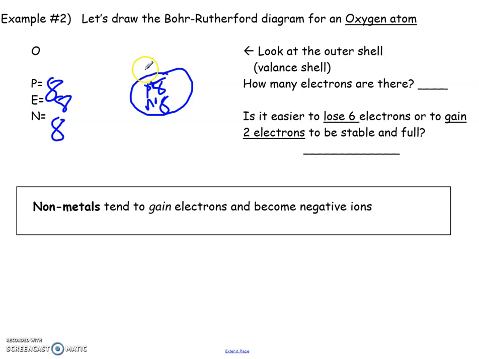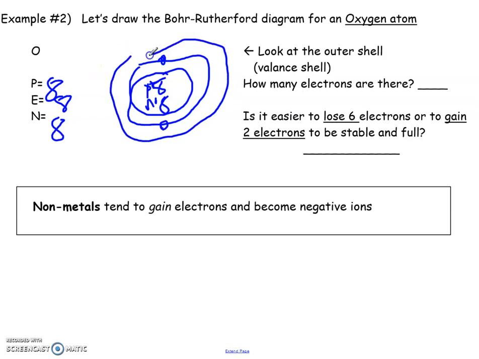We're going to start drawing our electrons. Our first orbit is 2 electrons, so 2 out of the 8. And our second orbit is going to have the rest.